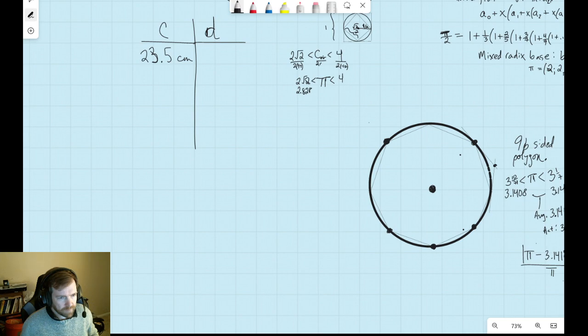Okay. So then to find the diameter, I'm going to open this thing up. Okay, we're going to start closing it in.